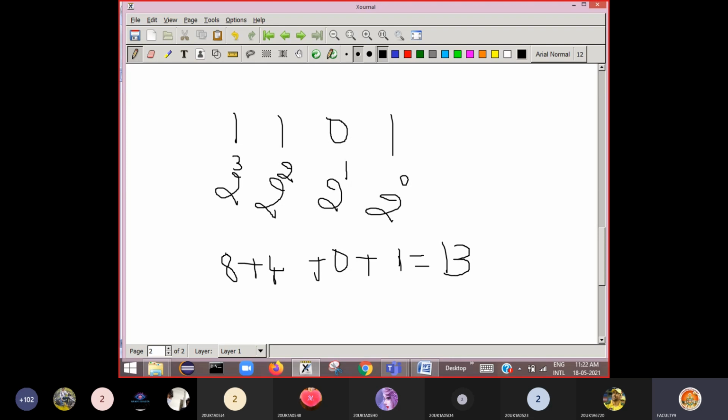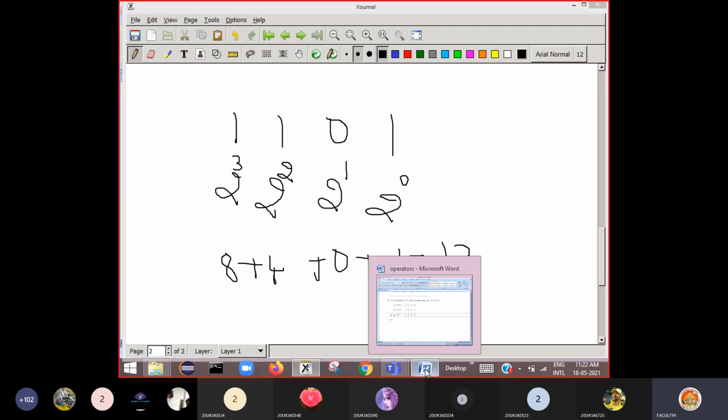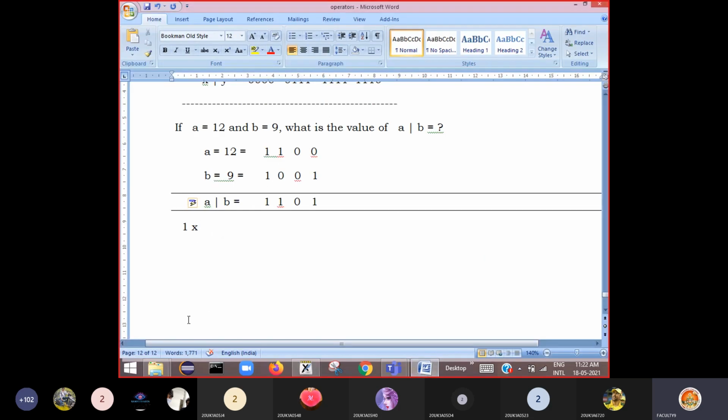You can write it like this: 1 into 2 power 3, plus 1 into 2 power 2, plus 0 into 2 power 1, plus 1 into 2 power 0.